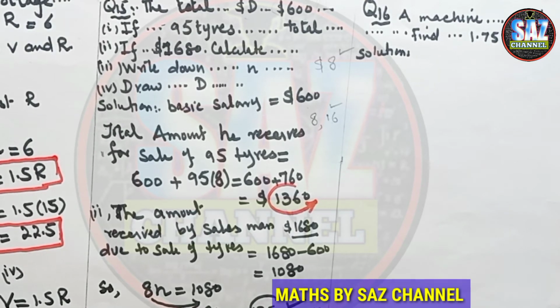After that, the mass in tons of the ice produced is directly proportional to the number of hours of ice production. Given that 20 tons of ice are produced when the machine is run for half an hour, find the mass of the ice manufactured when the machine runs for 1.75 hours.